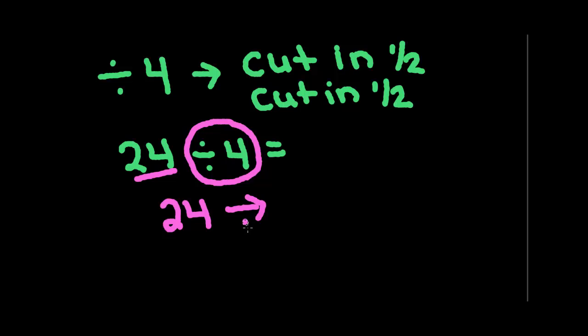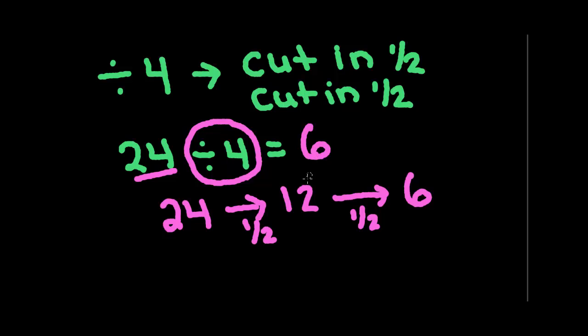That's pretty easily done, because I just need to take half of 2 and half of 4. Half of 2 is 1, and half of 4 is 2, and then I get 12. Once we get to numbers like 12, 16 and 18, your student already knows that half of 12 is 6, so 6 is our final answer for 24 divided by 4.